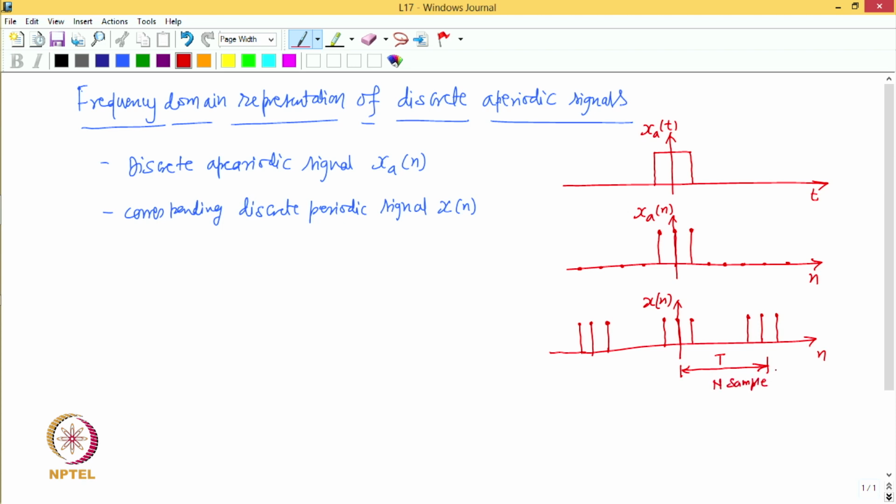So if Fs is the sampling frequency, then the number of samples in this capital T time period will be N.